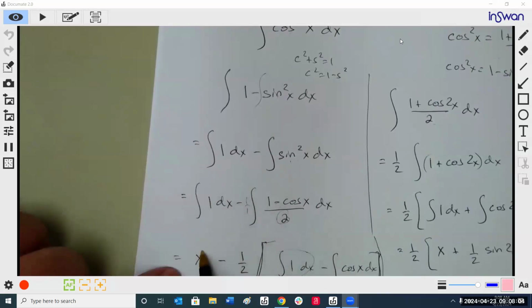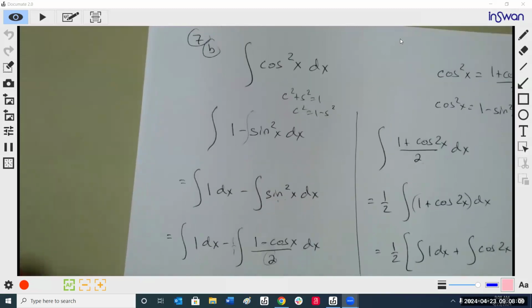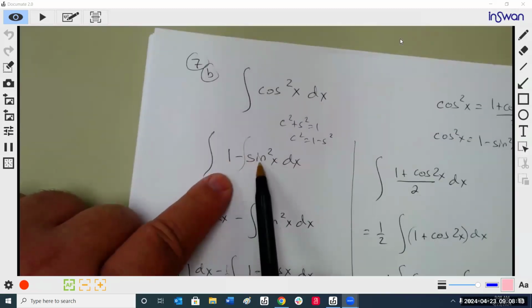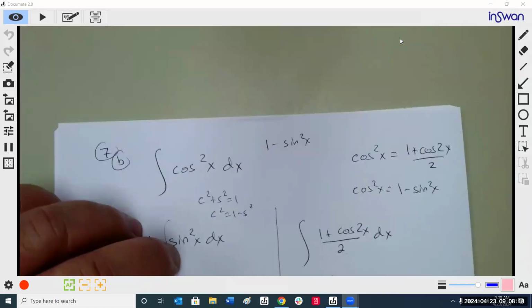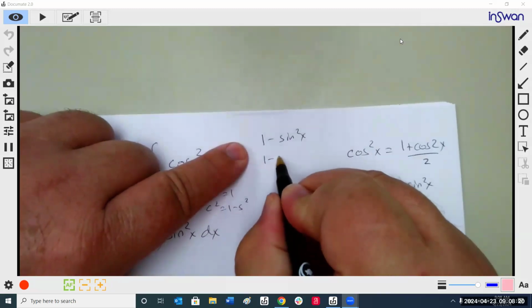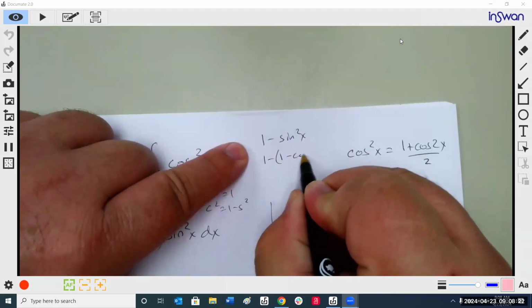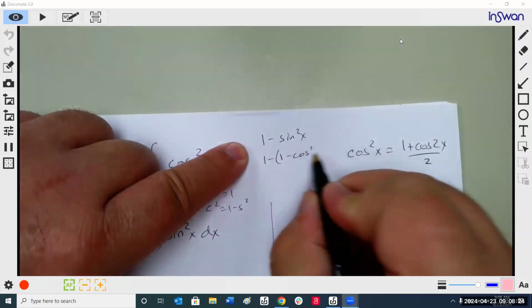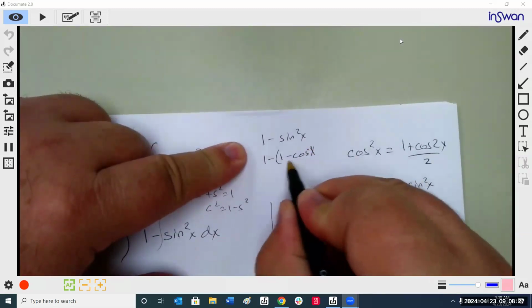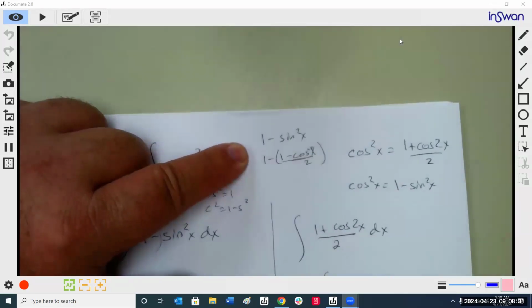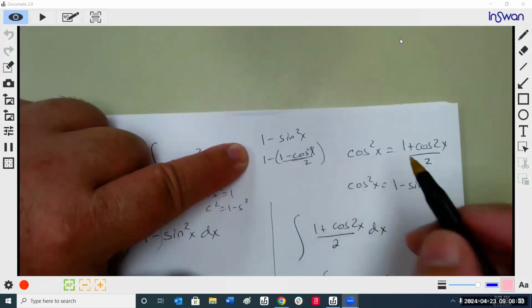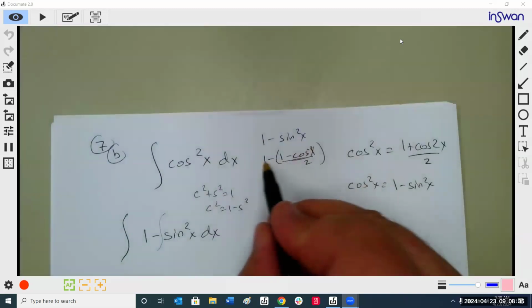Integral of 1 is x. Yes, because we have two equations. We have 1 minus sine squared x, which is 1 minus, 1 minus cosine 2x over 2. Oh, so you have the 2 ones there.